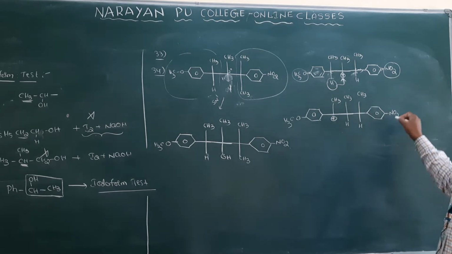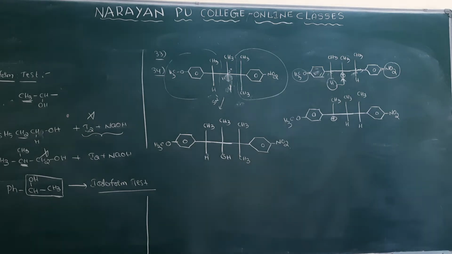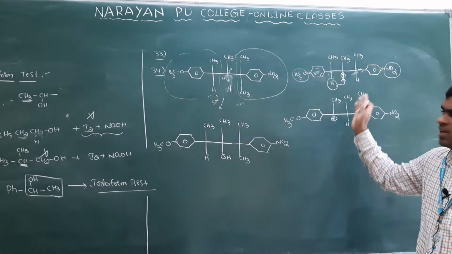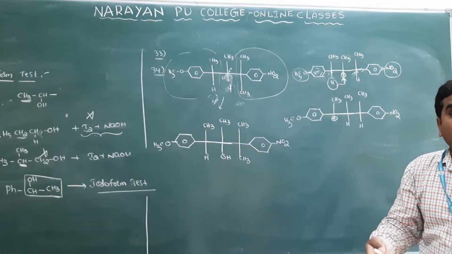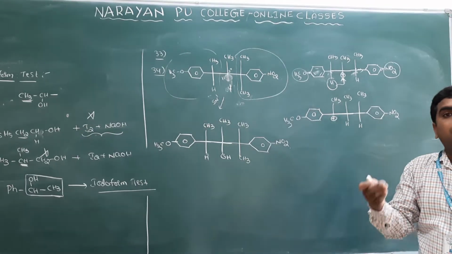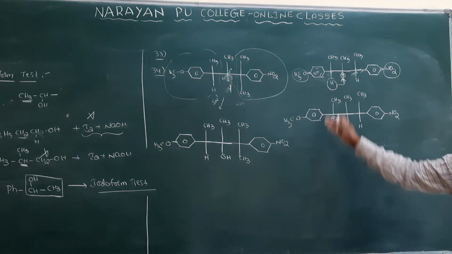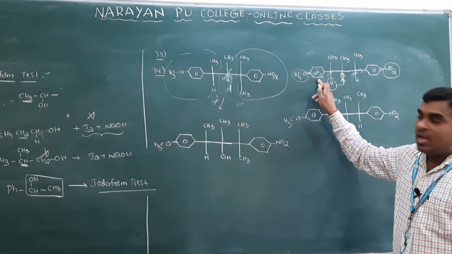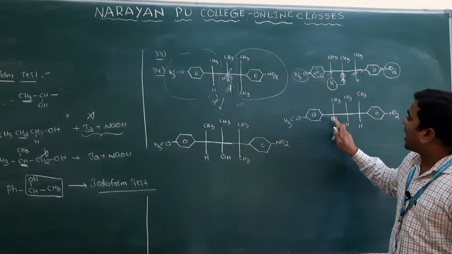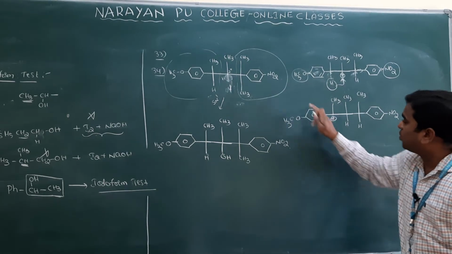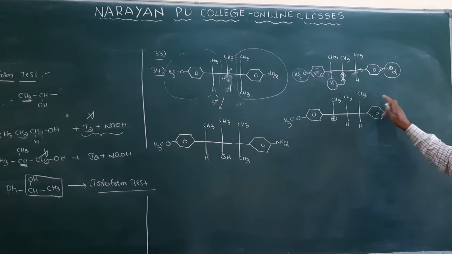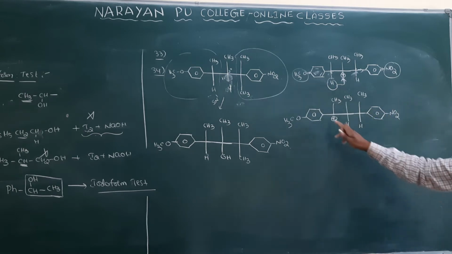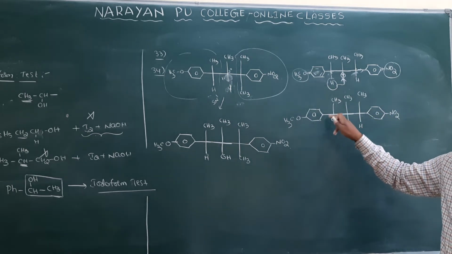Just think about the reason here. Which hydrogen is involved in the rearrangement? After rearrangement, which carbocation is formed, and that carbocation must be stabilized by the resonance effect. This carbocation is most stabilized by this group, and a carbocation forming here would be destabilized by this group. So that's why carbocation formation takes place in this position.